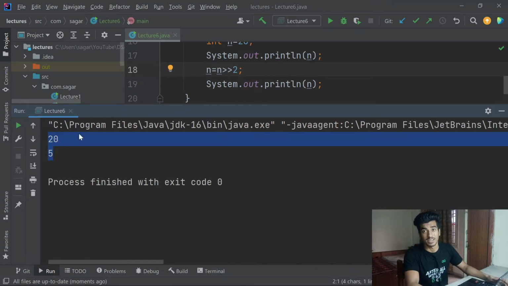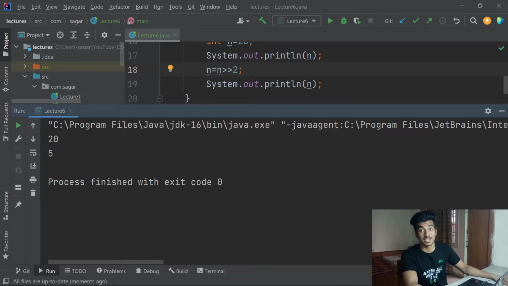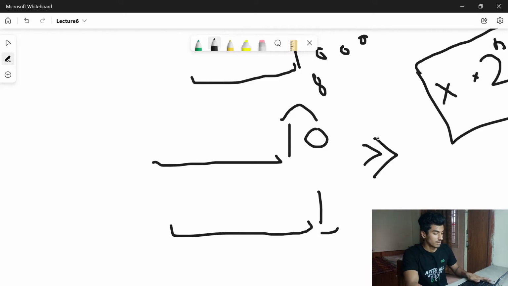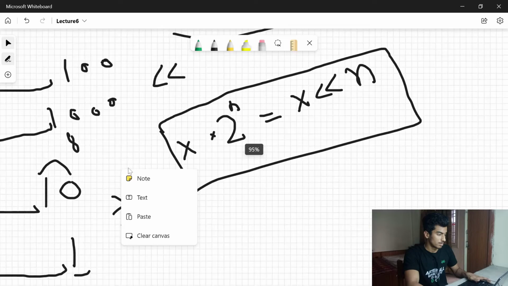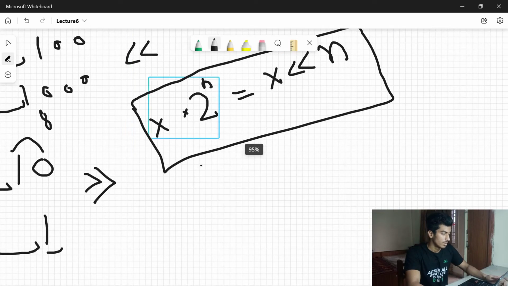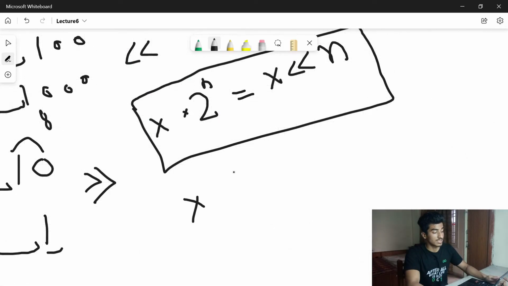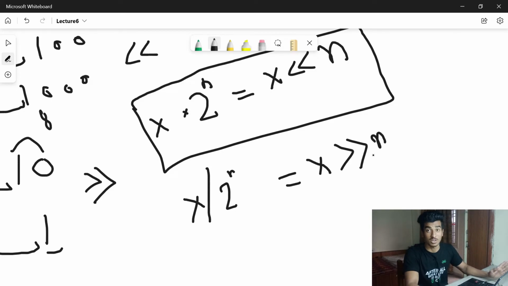Can you find a pattern here? Same as in the left shift operator, if we have some number x and we divide it with 2 to the power n, we can write it as x right shifted n times. This works totally the same, but this is the faster one.